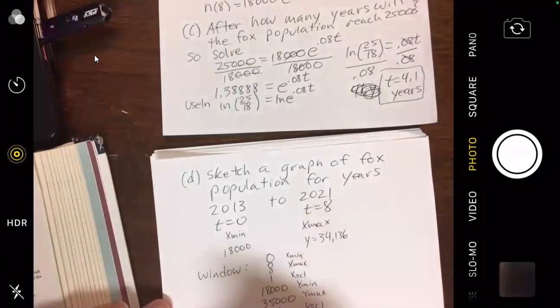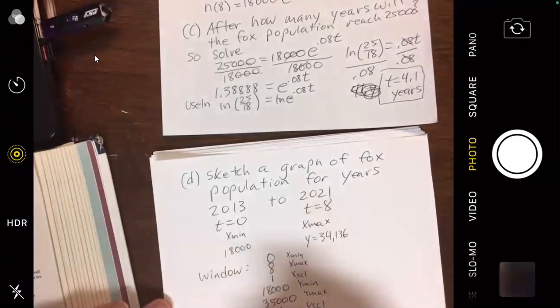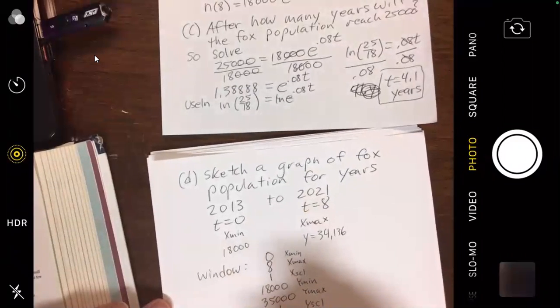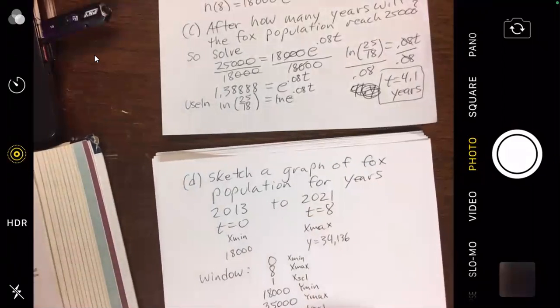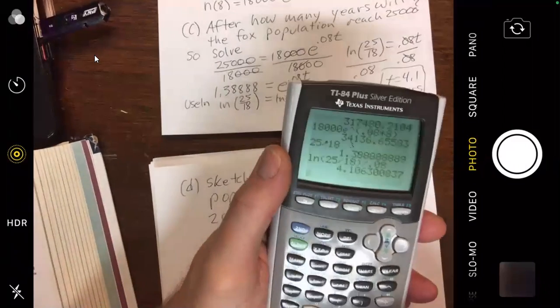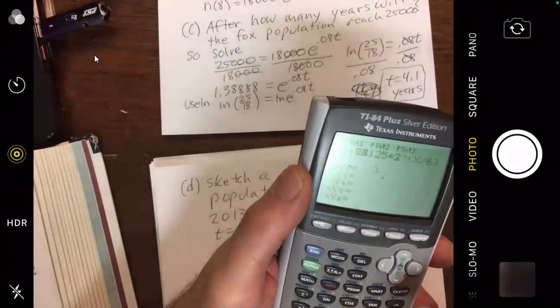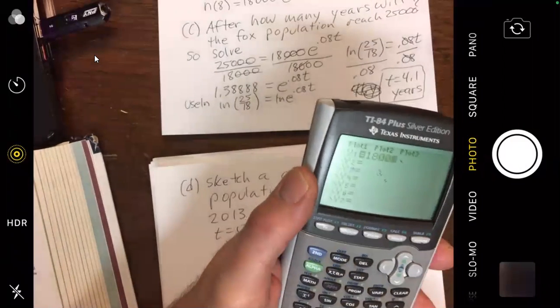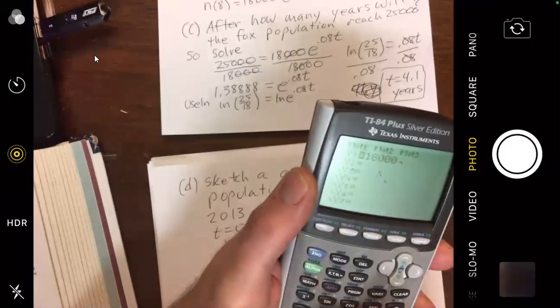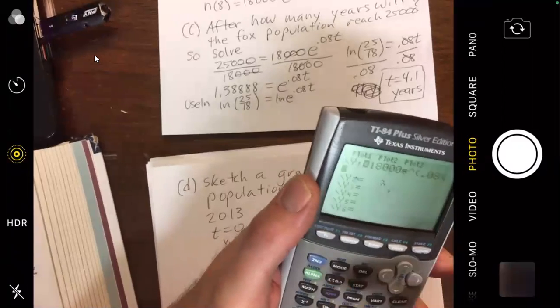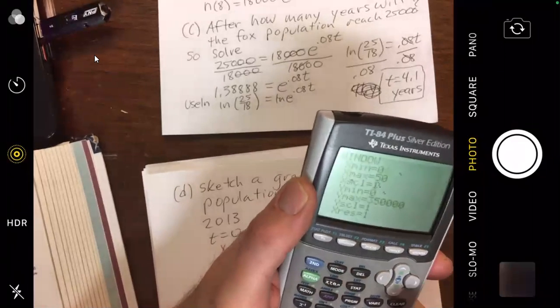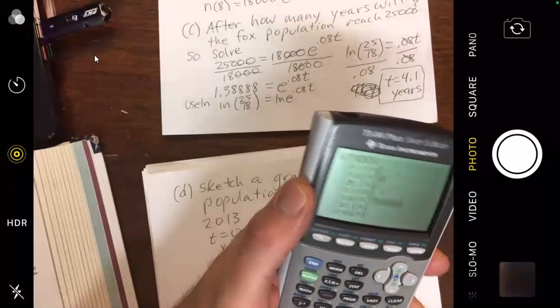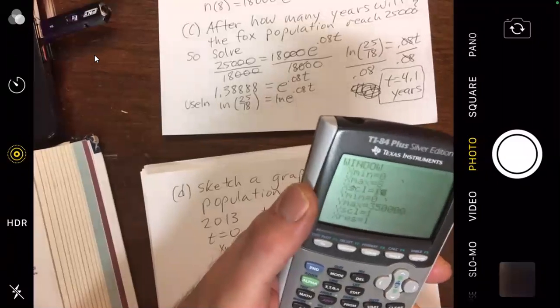And your formula is y equals 18,000 e to the 0.08x. For the x window, make it 0, 8, 1; you went out for 8 years.